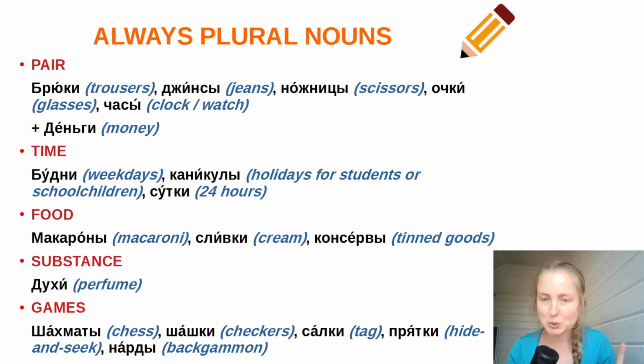So money is always a singular word in English, but in Russian it's the opposite. In Russian, деньги is plural. Деньги, это они.